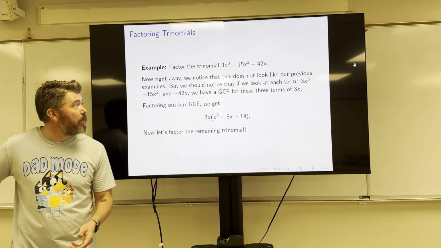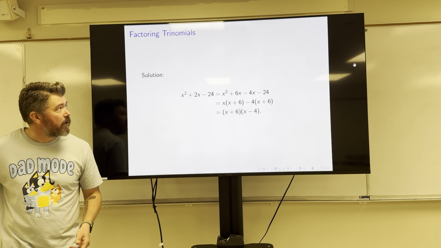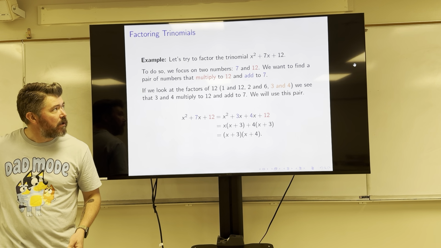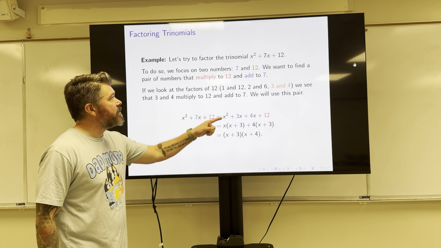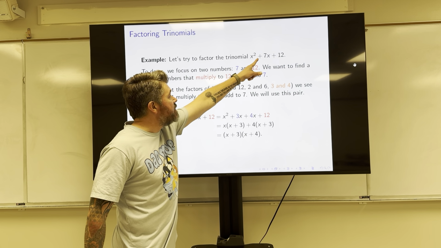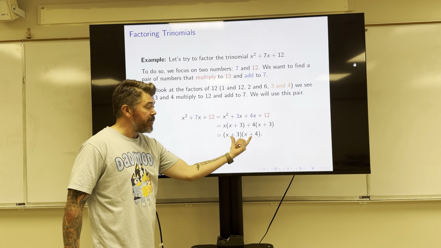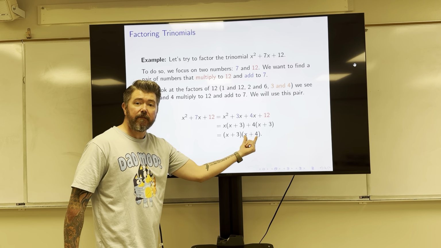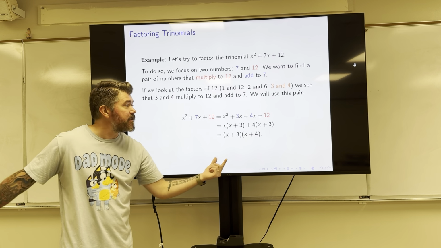Let's go back even. So our first example, notice how did we split 7? We split 7 into 3 and 4. What are my factors? A positive 3 and a positive 4. Because that's how I split it.